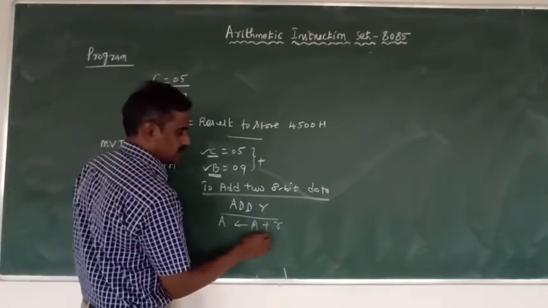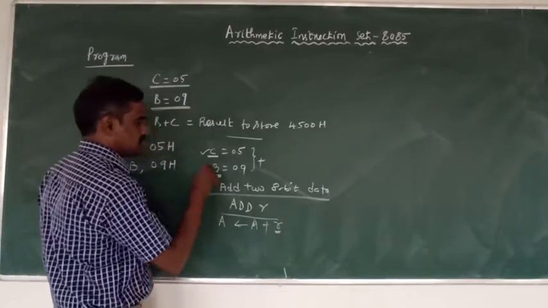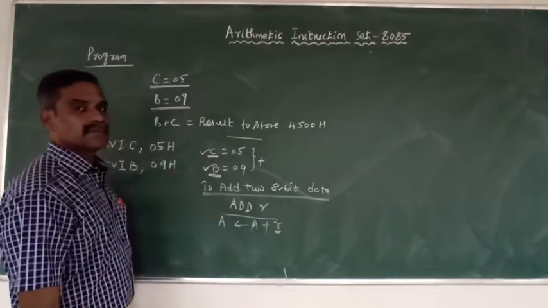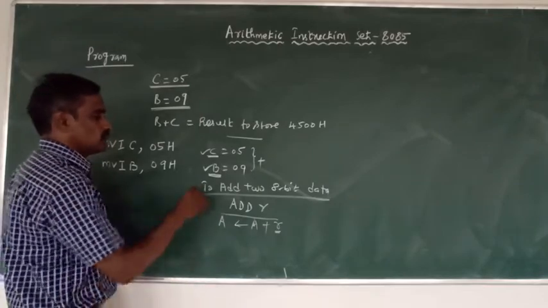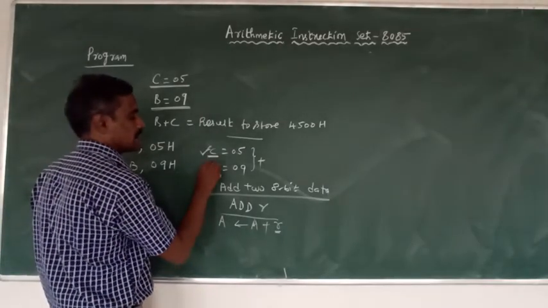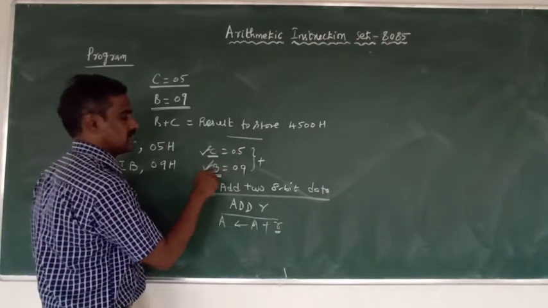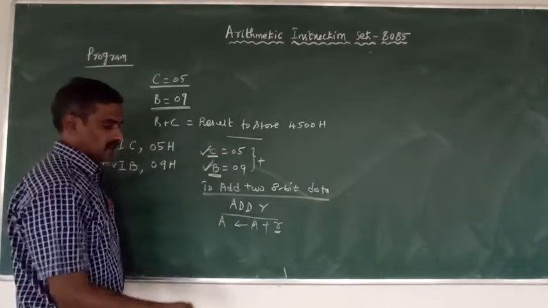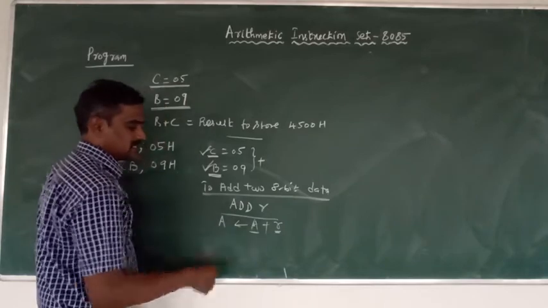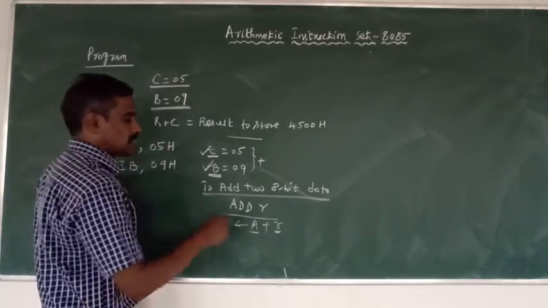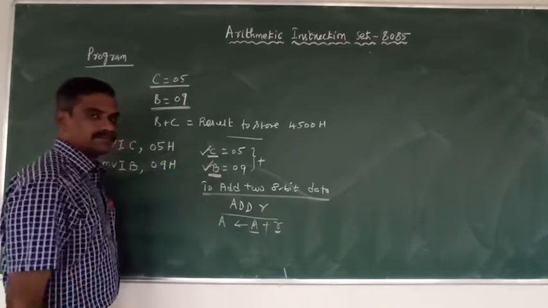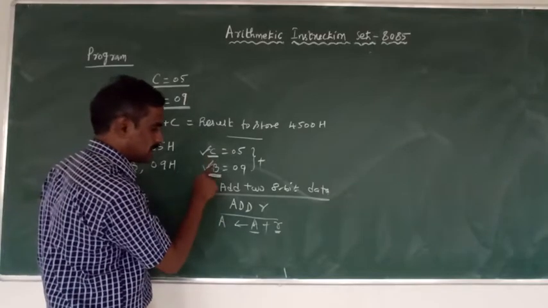Here register means any one of the 6 general purpose registers. Data 1 is in C register, data 2 is in B register, and there is no data available in A register.